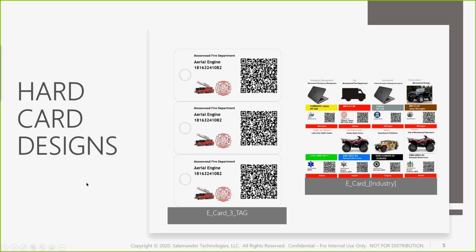Now these hard card designs are intended to be more for permanent tags, which are then printed on the CR80 size cards. So those are the 2x3 cards. And then you're going to be using a hard card printer for that. So for this design here, it contains a front and a back. So very similar to when you're printing people tags.